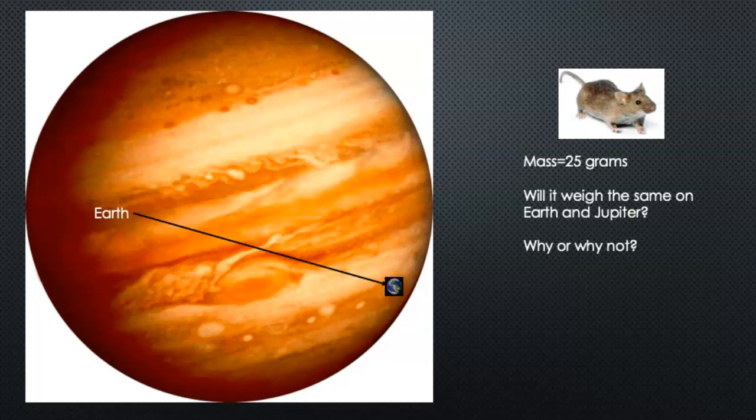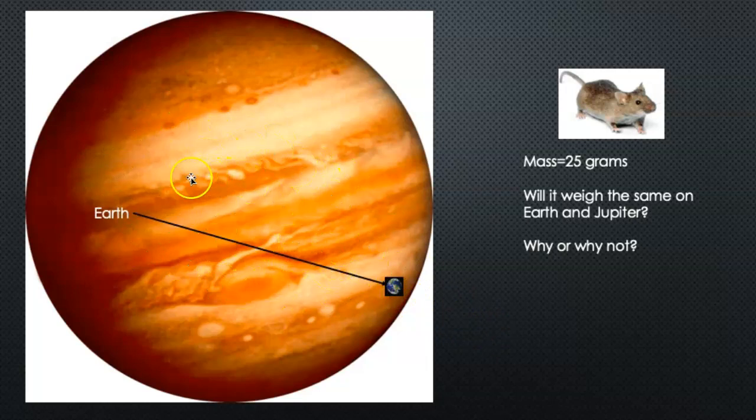This mouse has a mass of 25 grams, and he will have a mass of 25 grams no matter where he goes, as long as he doesn't lose part of his body. But he will not weigh the same. He will not weigh the same, for instance, if he's on Jupiter instead of on Earth. And if you look here, you can see the size of Earth as compared to Jupiter, and you will quickly be able to understand that Jupiter is massive.